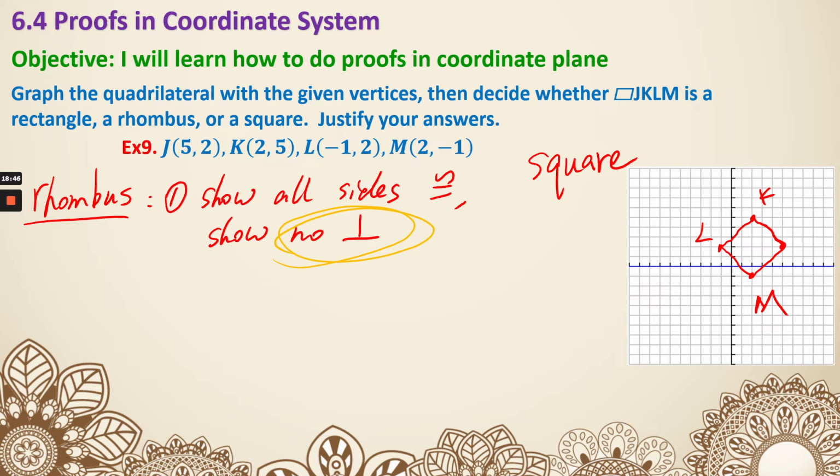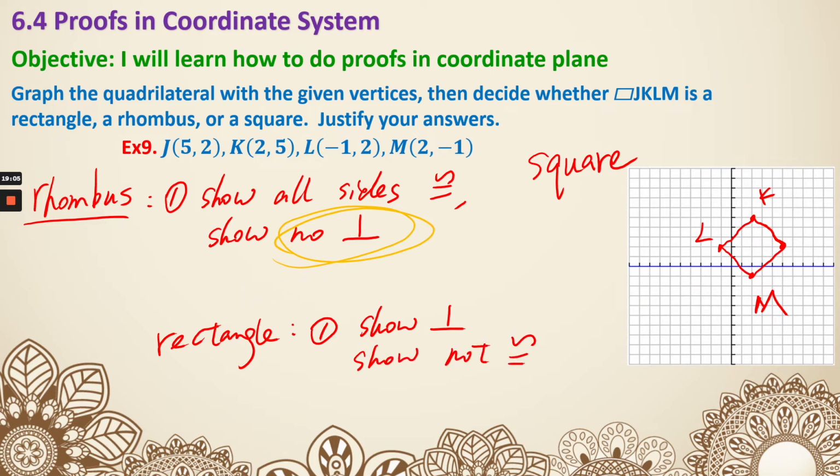And if you're trying to show it's a rectangle, you can show perpendicular that you have all 90 degrees, but you also need to show the sides are not congruent because if they are congruent, then it's going to be a square.